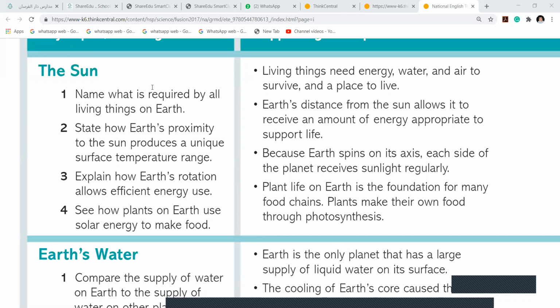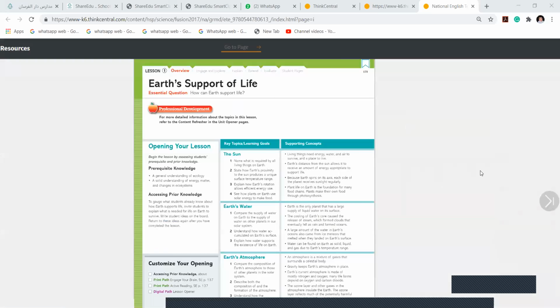So that the other planets also receive sunlight. Lastly, we will see how plants use sunlight to make their own food. This is all we'll learn today. Actually, we are learning now also.